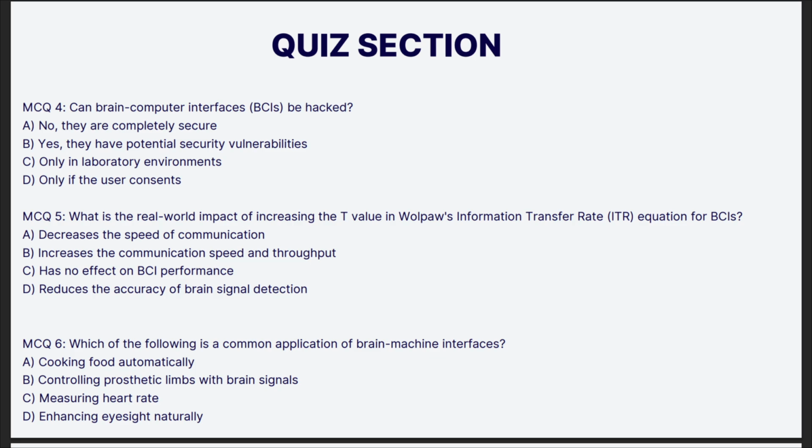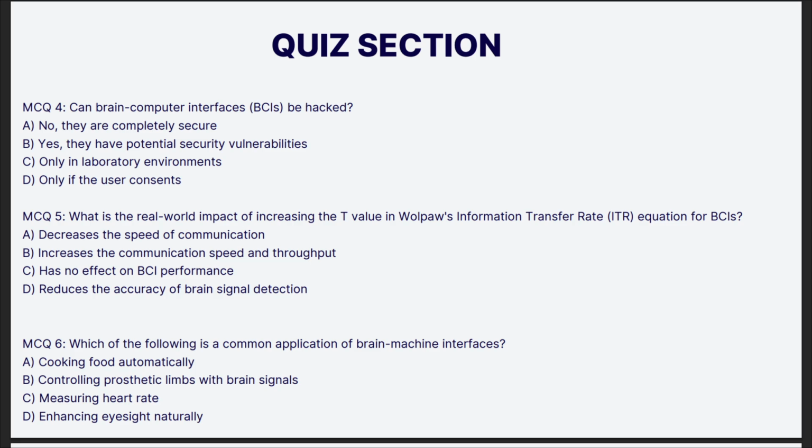What is the real world impact of increasing the T value in Wolpaw's information transfer rate equation for BCIs? The answer is B here, increases the communication speed and throughput. MCQ 6, which of the following is a common application of brain-machine interfaces? The answer here is B, controlling prosthetic limbs with brain signals.